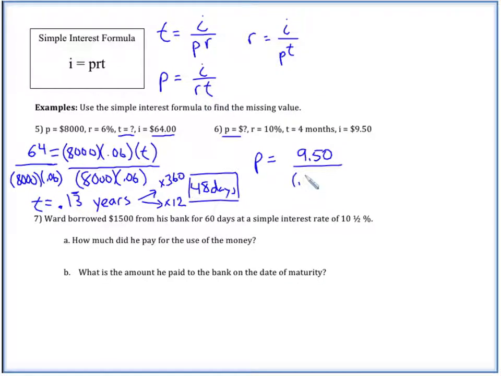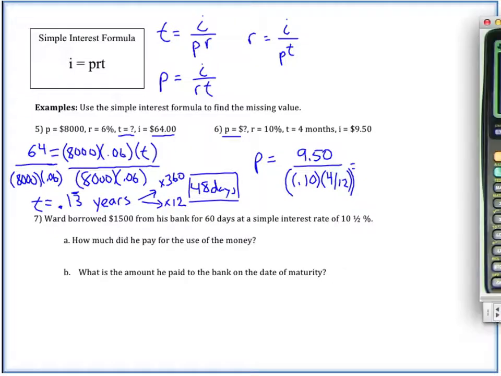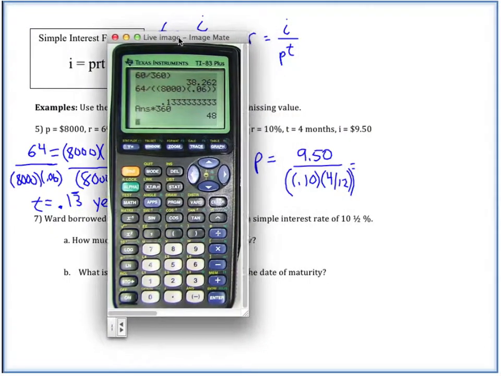So 0.10 times the time of 4 months, which will change to 4 over 12. Okay, and just to be sure, we do want to put an extra set of parentheses around the denominator here. Okay, so let's give this a try.